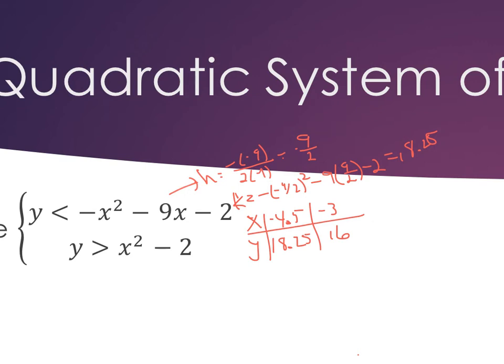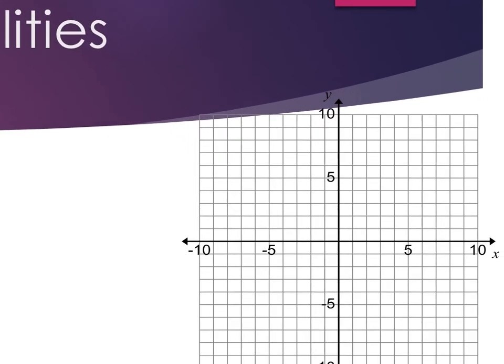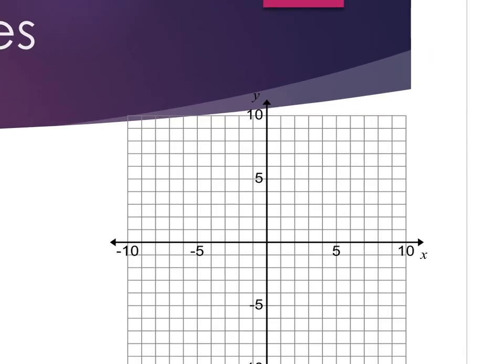Okay, if we pick something else, let's try negative 2. Well, negative 2 would give us 12. The other thing we can try graphing is 0, which would give us negative 2. So let's go over to our graph. We have 0, negative 2.